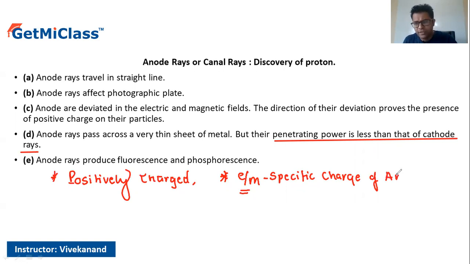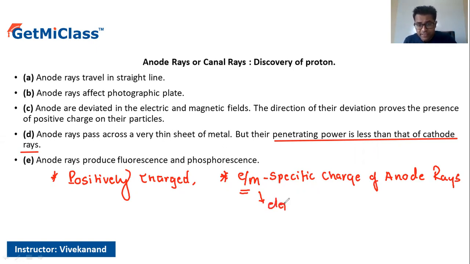This specific charge depends upon what gas we take into the discharge tube. You can go on changing the gas present in the discharge tube, so it is not universal.